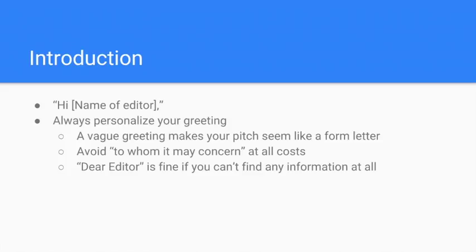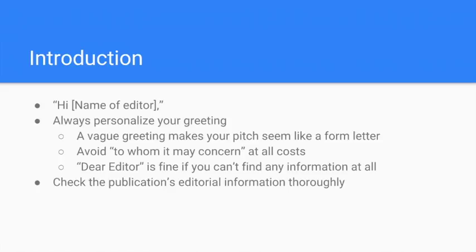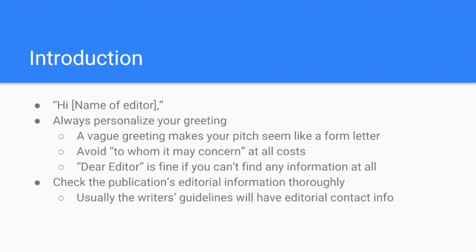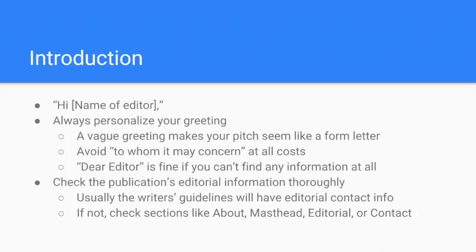Now, "Dear Editor" is fine if you can't find any information at all, but I would say 9.9 times out of 10, you're going to be able to find the information that you need. And how to do that is to check the editorial information very thoroughly. Usually the writer's guidelines will have editorial contact info, but if you can't find anything there, check sections like the About section, the masthead, any editorial or contact pages, and you should find what you're looking for.